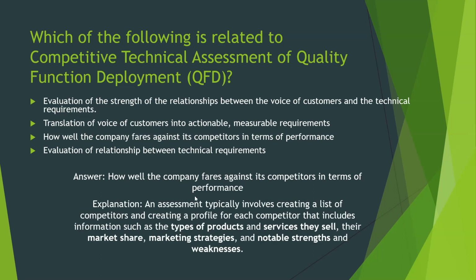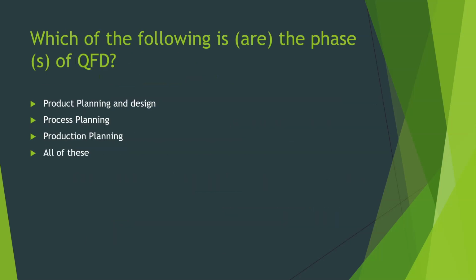An assessment typically involves creating a list of competitors, creating a profile for each competitor that includes information such as the type of products and services they are selling into the market, their total market share, and their strategies, and how we can find their strengths and weaknesses to exploit and get a fair advantage over them. Then coming on to the next question, which of the following are the phases of QFD?